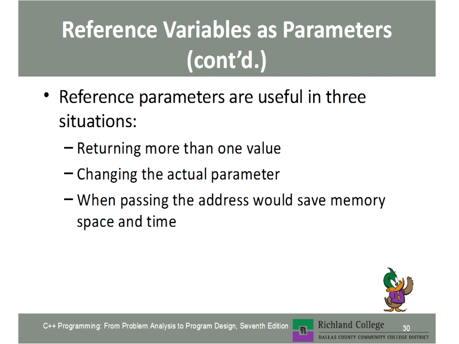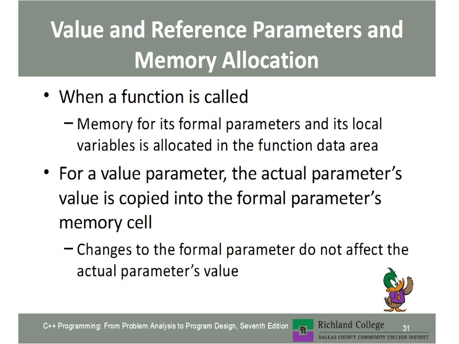So if you want to save memory, and you do not have to protect the calling function's variable, then you can use reference, because reference does not make a copy of it. It's just creating the pointer to the same memory location, basically.